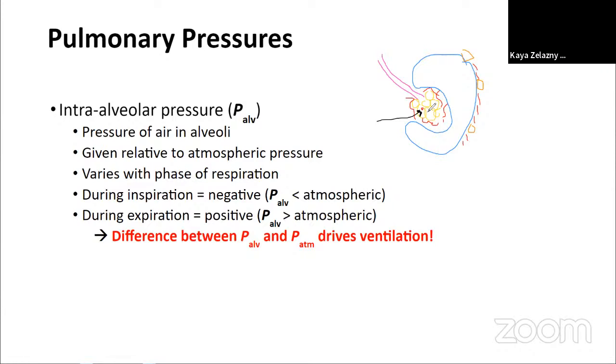During expiration, we're going to see a positive intraalveolar pressure. So air is going to escape out to the environment, escaping that higher pressure in the alveoli. So these two pressures, the atmospheric pressure versus the alveolar pressure, are what's driving ventilation, what's driving that movement of air.